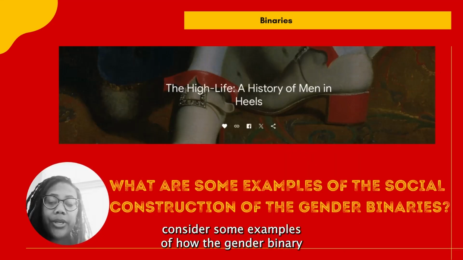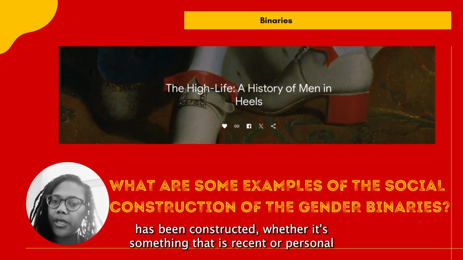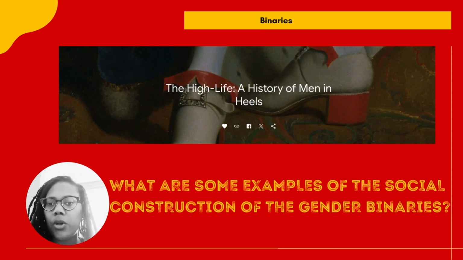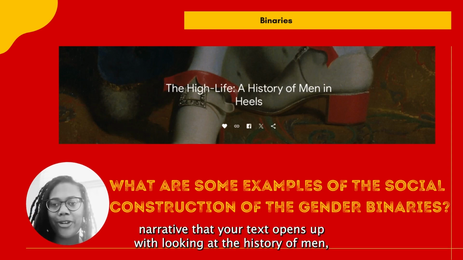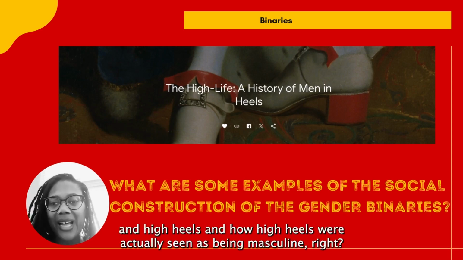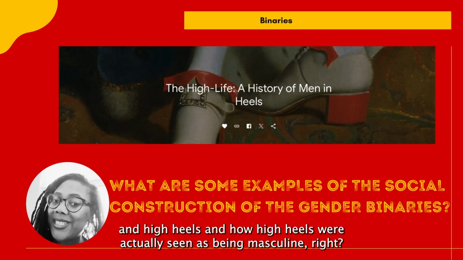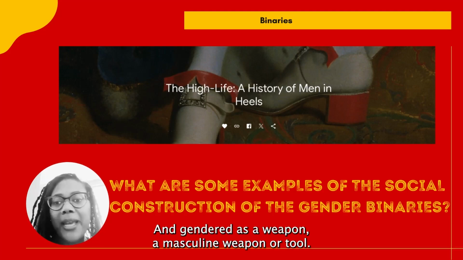So now I want you to consider some examples of how the gender binary has been constructed, whether it's something recent or personal or current in your life, or something historical, like the narrative that your text opens up with, looking at the history of men and high heels and how high heels were actually seen as being masculine, right? And gendered as a weapon, a masculine weapon or tool.